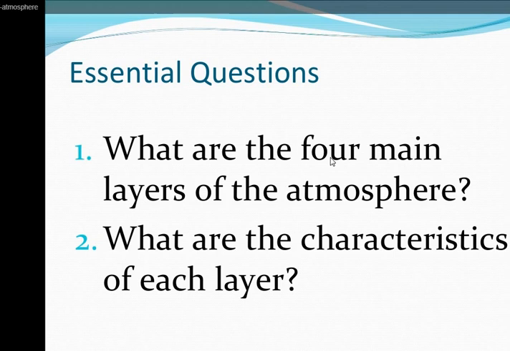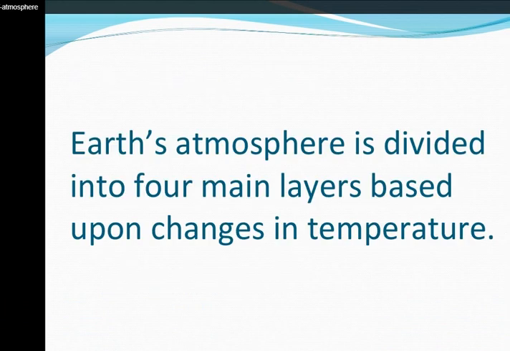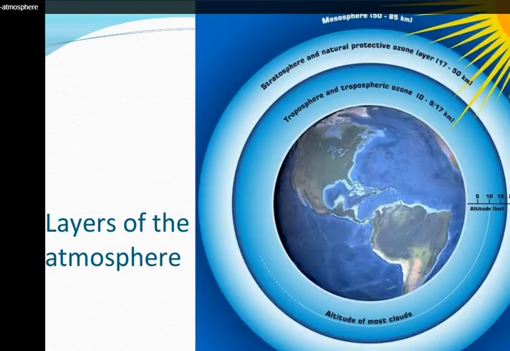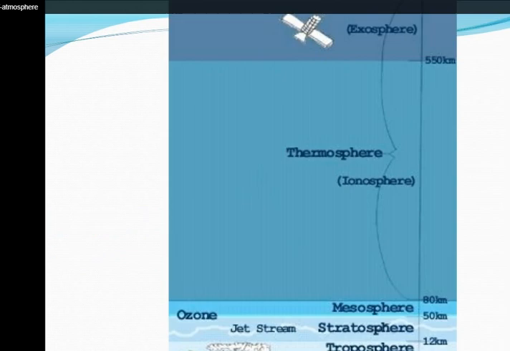And what are the characteristics of each layer? Here is our essential question. Earth's atmosphere is divided into 4 main layers based upon change in temperature. Like we said, the layers are the troposphere, the stratosphere, the mesosphere, the thermosphere and the exosphere, the outermost.